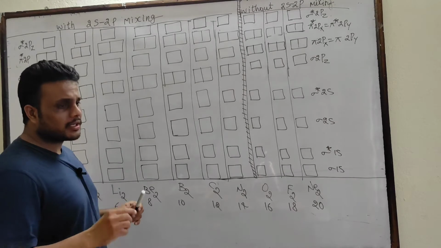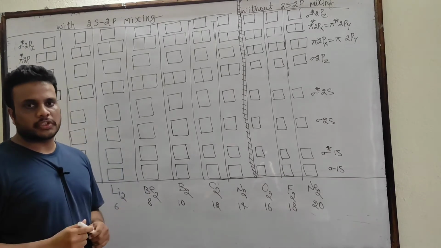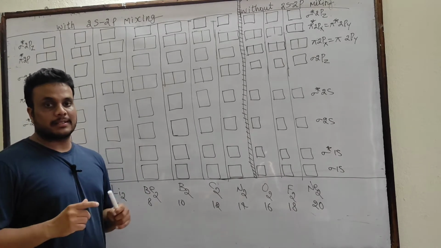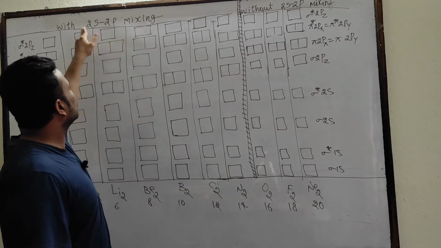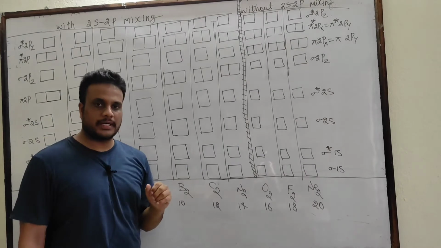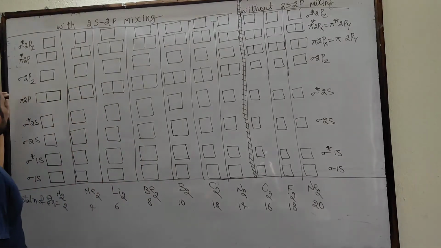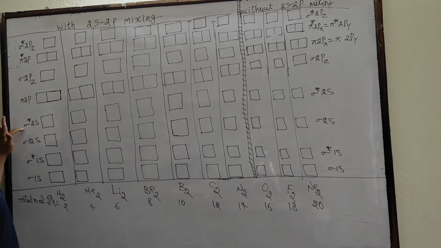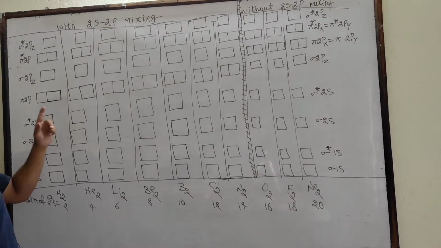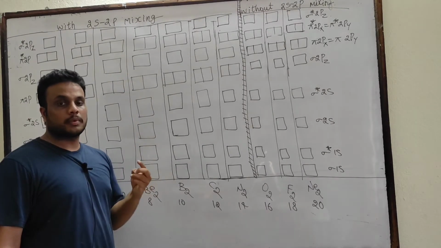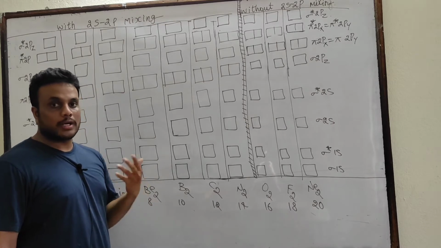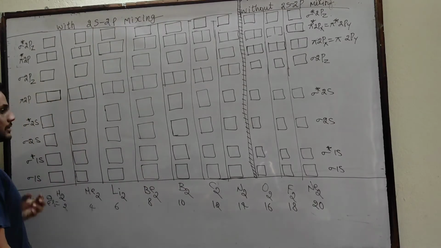But before solving molecular orbital theory based questions, you have to understand that up to 14 electrons, one type of configuration, that is 2s-2p mixing, is operative. So that's why sigma 2pz is placed above sigma star 2s. Because of the small energy difference, they may mix, they may overlap with each other. Already one question came in JEE Advanced related to this concept: if 2s-2p mixing is not operative, then what would be the magnetic behavior of C2?